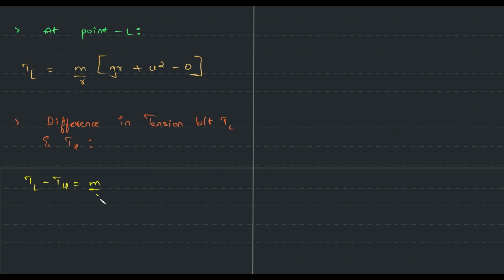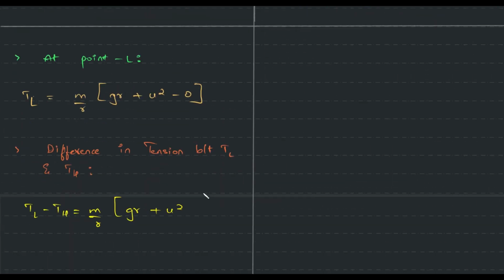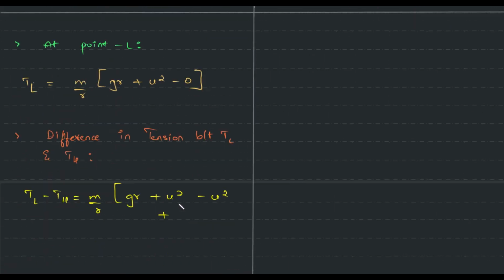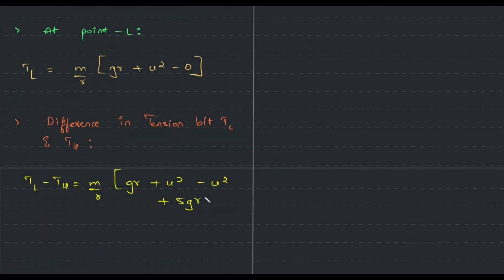So m by r is common, and this is gr plus u square, minus u square, and this becomes plus 5gr. So this and this will get cancelled, and we have 5g, actually not 5, sorry, 6 gm. That's significant, right? 6 times the mass of the object. That's the difference in tension.